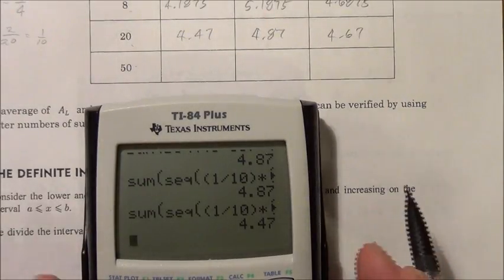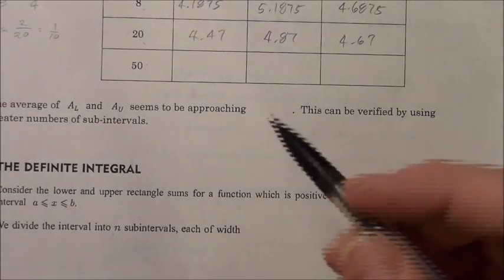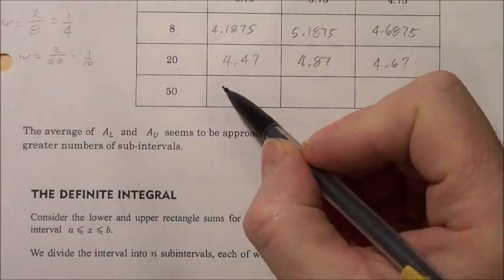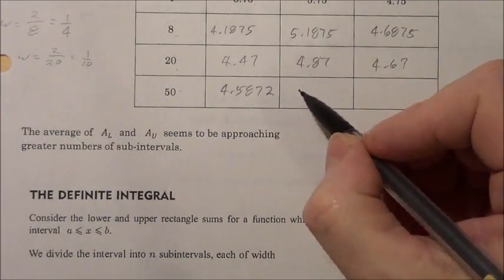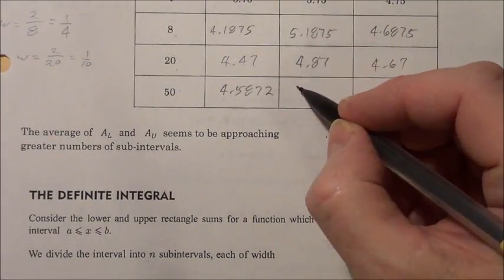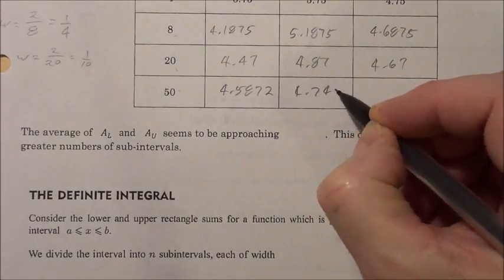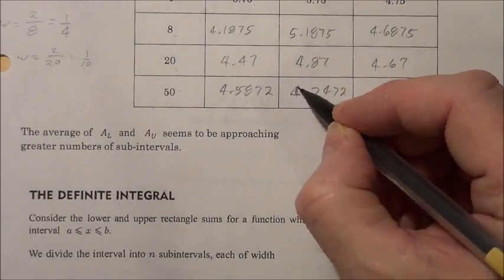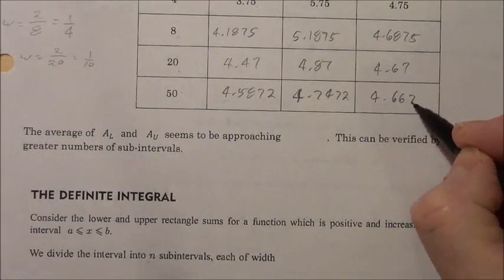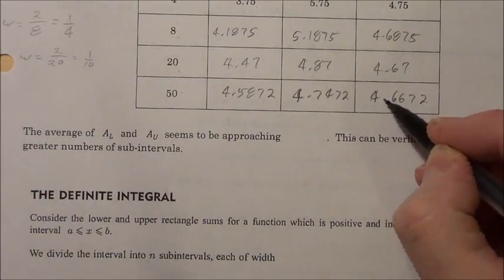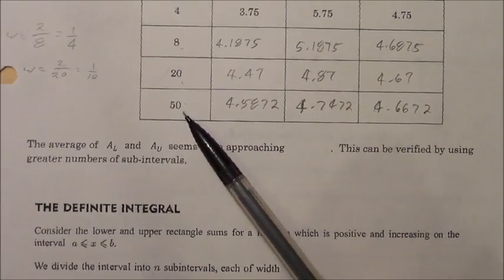We do this again, and for 50 strips we get 4.5872 square units for the lower area and 4.7472 for the upper area, and the average there is 4.6672. We could go up to 100 strips if we wanted to.